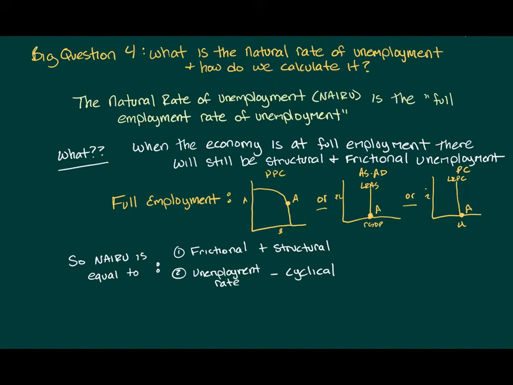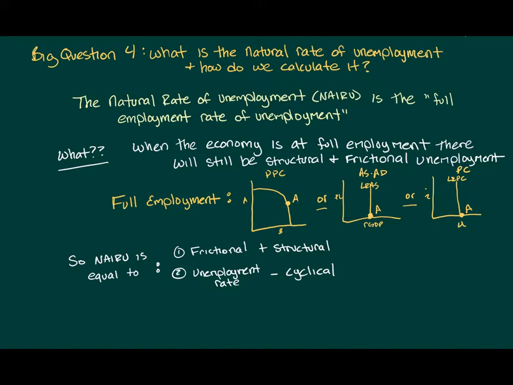I like to draw some of the graphs on the board for the kids to help them visualize what full employment looks like. The one they're going to be most familiar with at this point in the course is the production possibilities curve. If your economy is currently producing anywhere along the production possibilities curve, you've achieved productive efficiency, which in the macro part of this course we're going to call full employment. Full employment is essentially productive efficiency on the PPC.